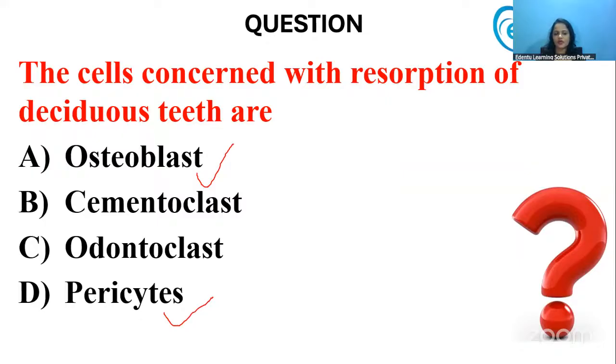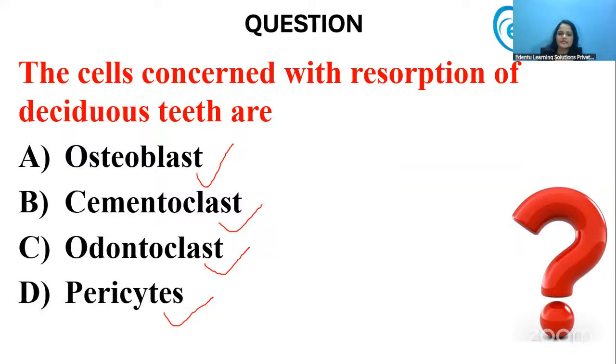Then the remaining options we have are the cementoclast and the odontoclast. Among these two options, the cementoclasts are the cells which help in the resorption of the cementum only. Whereas the odontoclast helps in the resorption of the cementum, dentine, enamel, and the whole tooth.